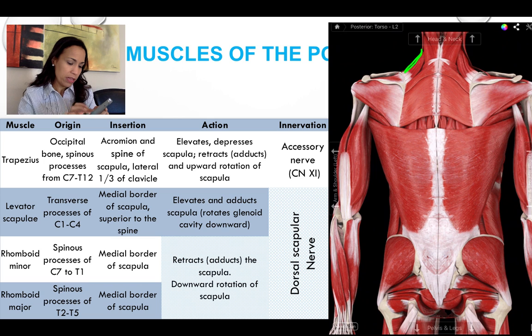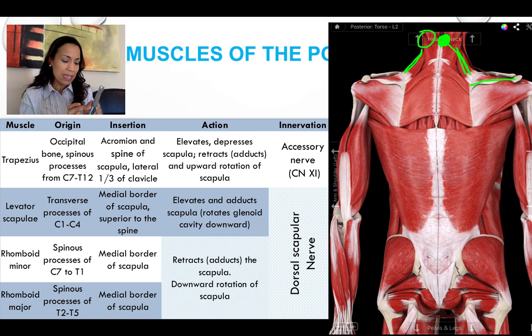And here is where this muscle is. This is the levator scapula. So it originates somewhere in the cervical vertebrae, the transverse processes of C1 to C4. That's the origin. And see that this is the spine of the scapula, as you remember.